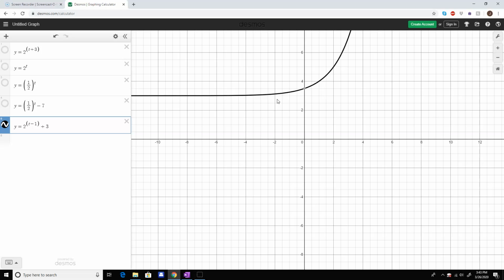So it gets very near the lowest y value of 3, but never quite gets there and goes all the way up to infinity. So basically our domain is from -infinity to +infinity because the graph appears everywhere to the left and everywhere to the right. It continues ad infinitum in both directions, but when we look at up and down, it stops when you get to y equals 3.